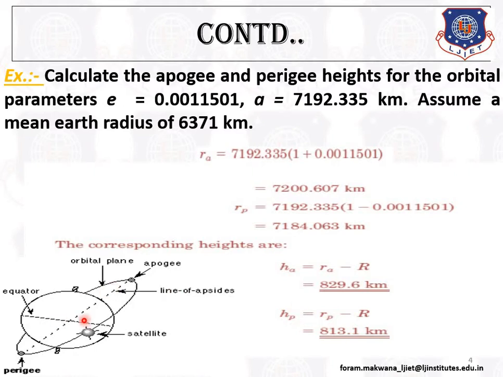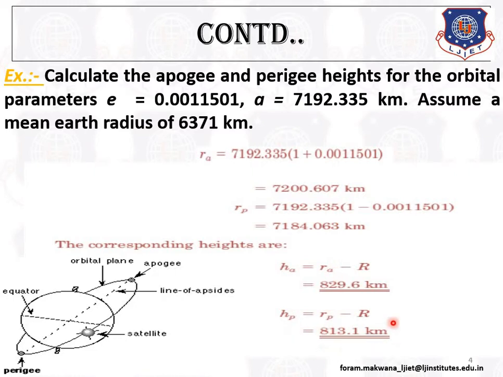Similarly, for height of perigee, the total portion is the radius of perigee; this is the radius of apogee, this is the height of the apogee, this is the radius of earth. As we have calculated here, we can simply place perigee instead of apogee.